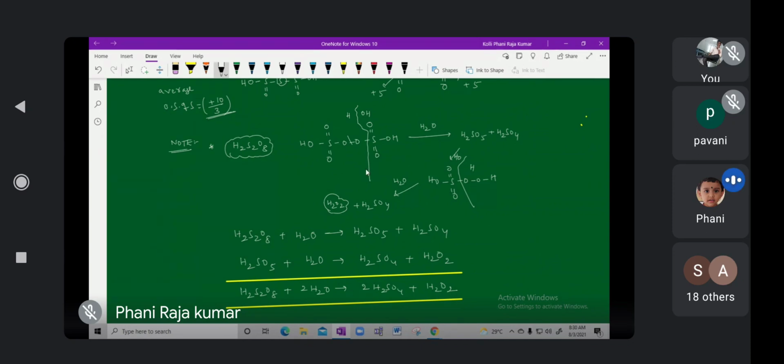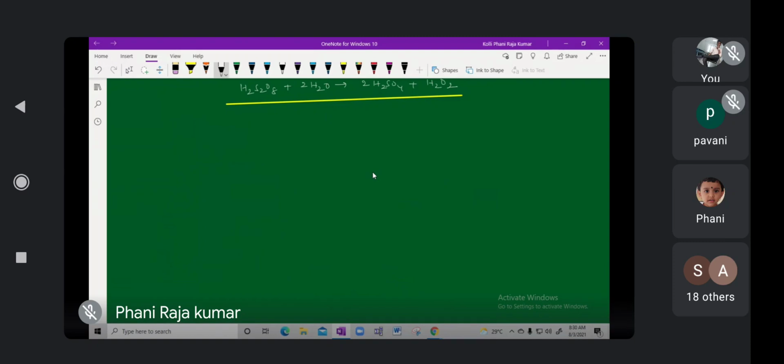Next, one more point. Among all oxoacids of sulfur, two examples I am highlighting with SOS linkage and SOOS linkage.